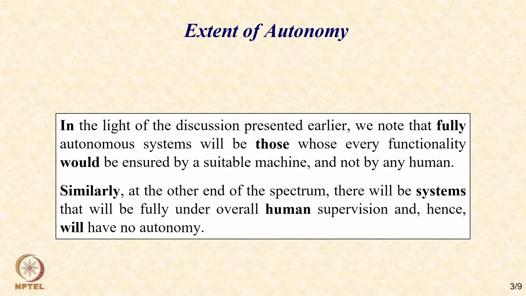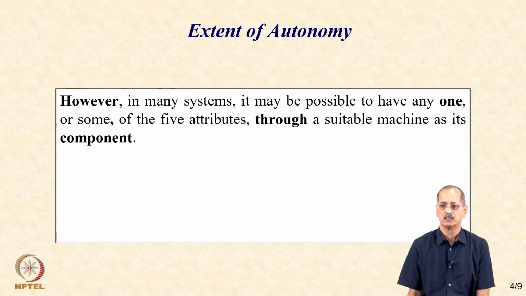Similarly, if we go to the other end of the spectrum, we will have systems which will be fully under overall human supervision and hence will have no autonomy. And that brings us to the important question of how do we assess or implement the extent of autonomy and how do we classify or categorize such systems.